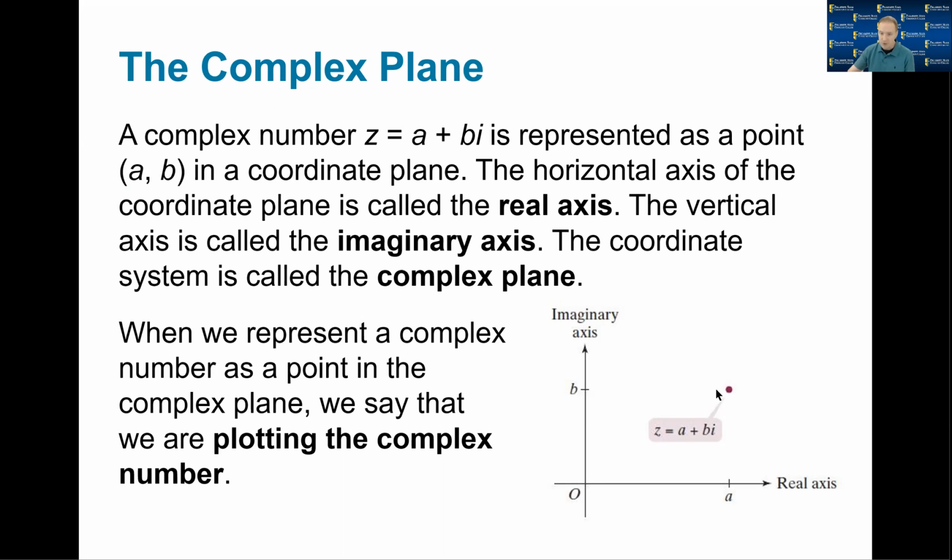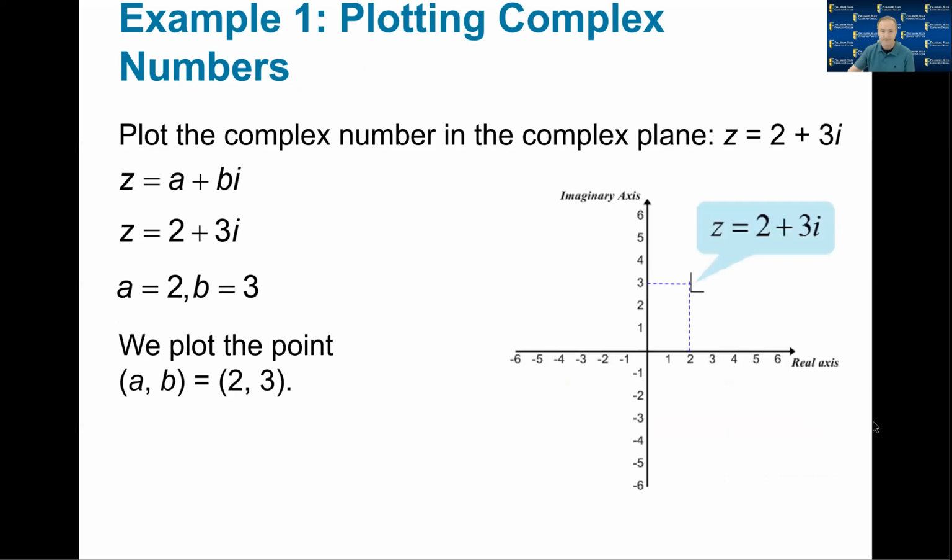Oftentimes you'll draw a line from the origin out to that point, and that's going to be what's later called the modulus of this complex number, the distance from the origin to that point.